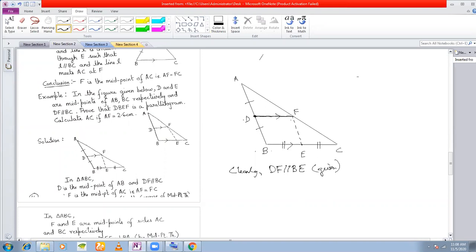If I apply the converse of midpoint theorem in triangle ABC, can we say that F is the midpoint? D is the midpoint of AB and DF is parallel to BC. These two pieces of information are given to you. Now tell me, are all the conditions of the converse of midpoint theorem satisfied?